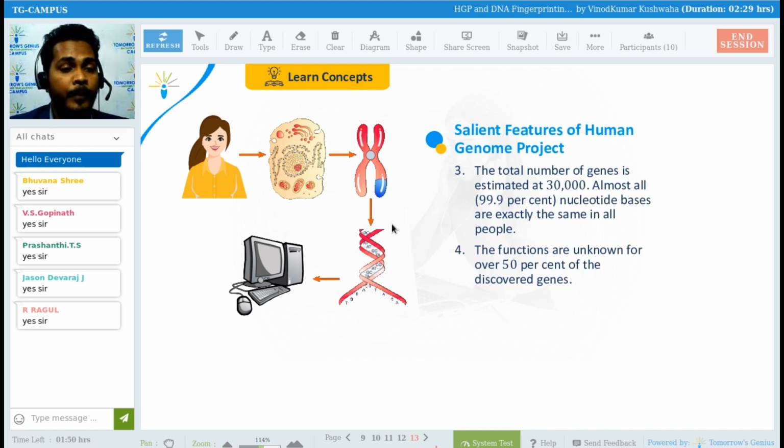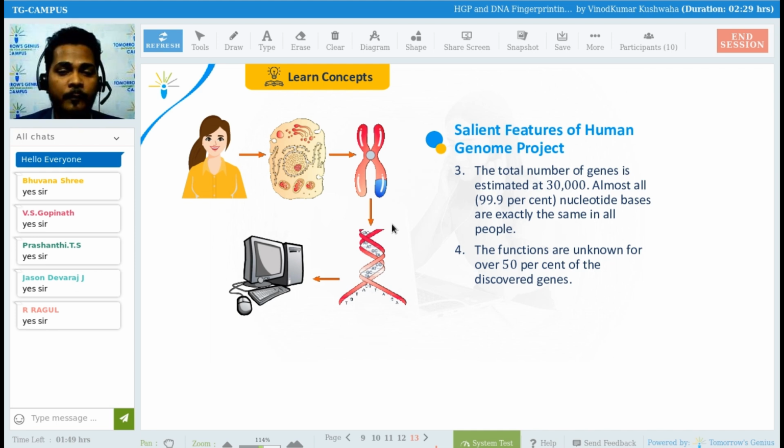That means inside you, inside me, inside your friend, inside your colleague, the nucleotide bases are exactly the same. Just 0.1% is different, and that 0.1% makes you different from your colleague, your friends, right?